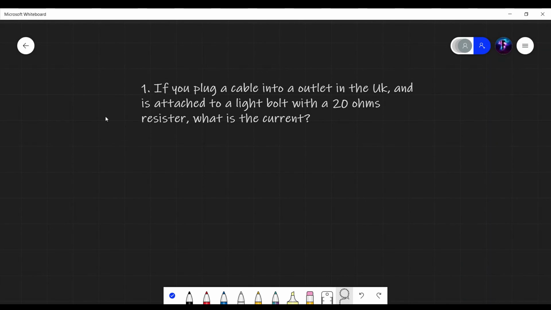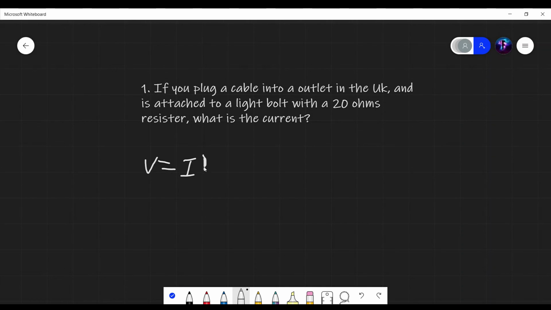So let me read the first question. If you plug a cable into an outlet in the UK, which by the way is 120 volts, and is attached to a light bulb with a 20 ohms resistor, what is the current? So in the UK, the amount of volts is 120 volts. V equals IR.